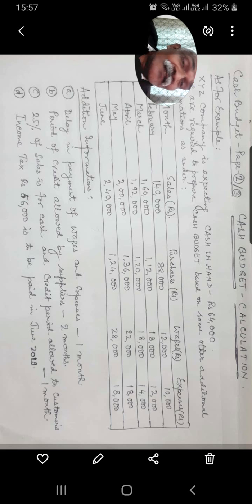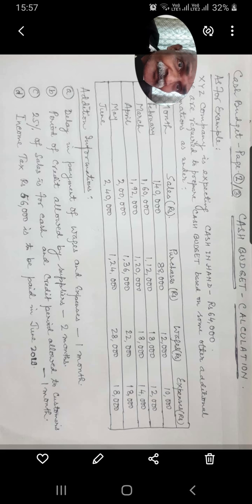So how much credit period are you enjoying and how much credit period are you providing? You are providing credit period to the customers and you are enjoying credit period from the suppliers. How much credit period are you providing to the customers? 25% of the sales are on cash.